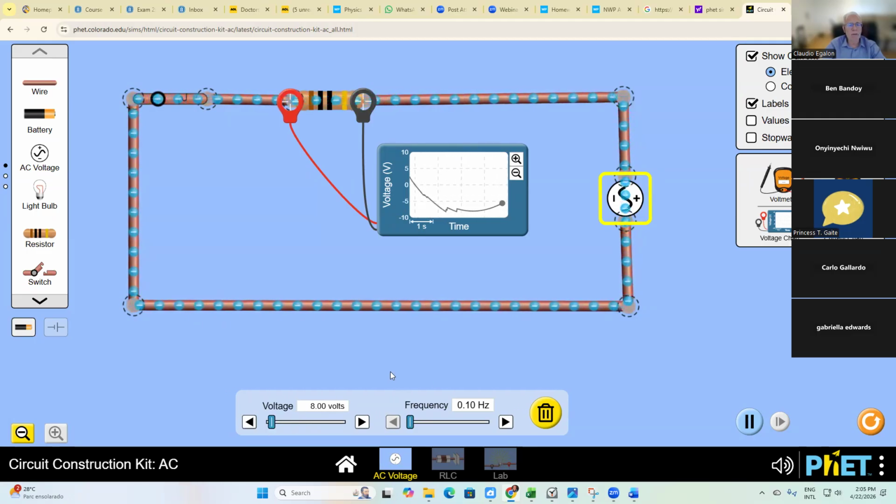Here you go, 8 volts is enough. Here you go, sinusoidal behavior. If I increase the frequency, now you start to see the sinusoidal variation of the voltage in this AC circuit.